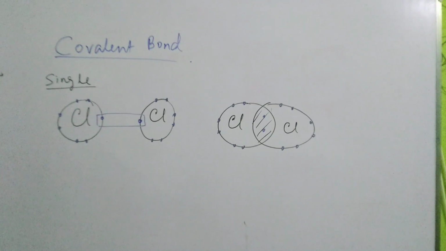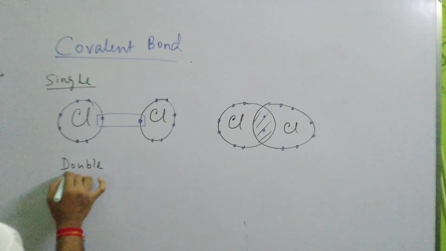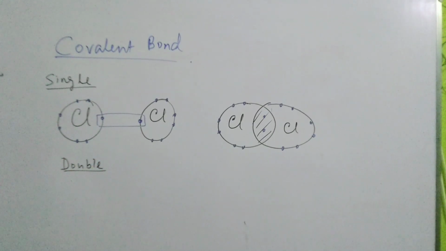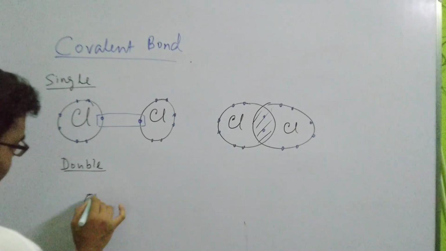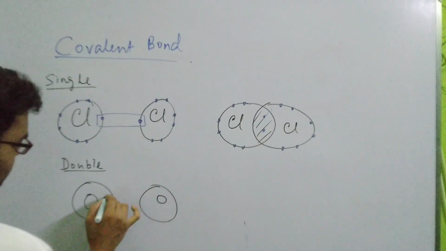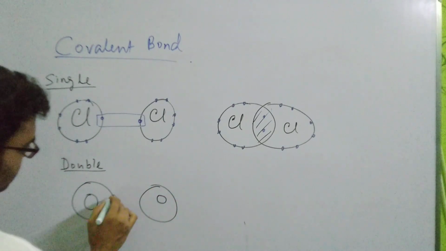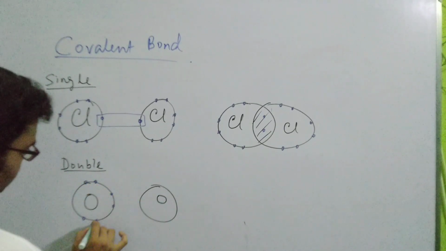Now quickly moving on, double covalent bond. If you consider double covalent bond, you can consider the oxygen atom. The oxygen atom has 6 electrons in the outermost shell. So let us just mark out those 6 electrons: 1, 2, 3, 4, 5 and 6.